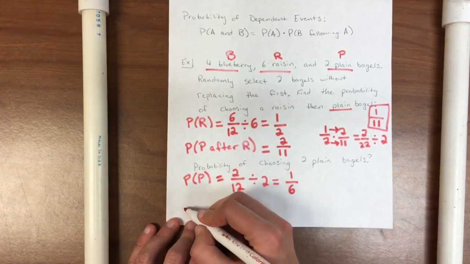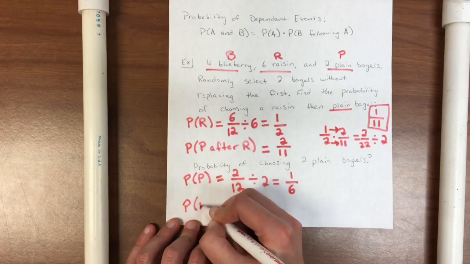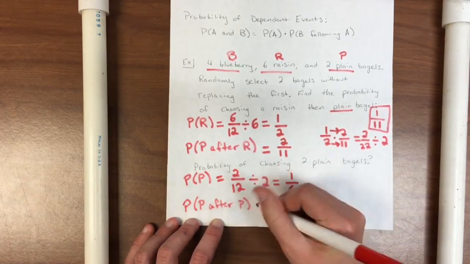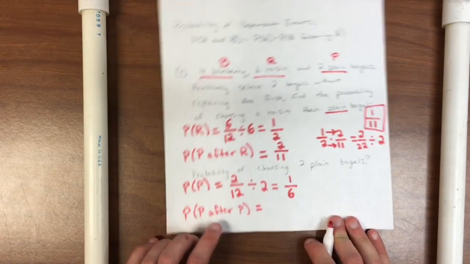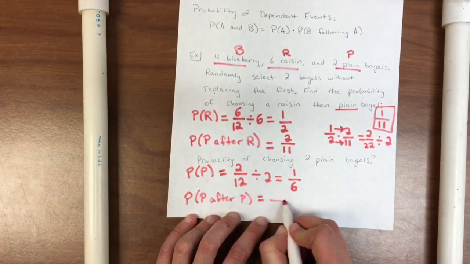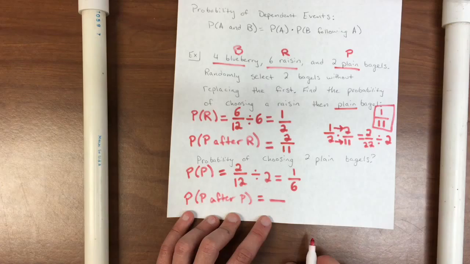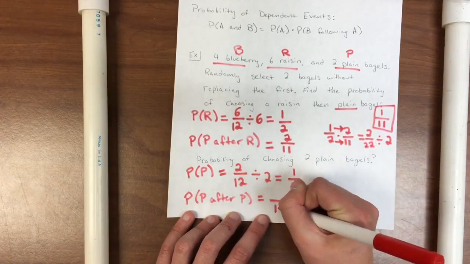But now we need to find the probability of choosing a second plain bagel. What number am I going to put on bottom? Our total number of bagels that we have left now, after we've already chosen a plain bagel, is going to be 11.